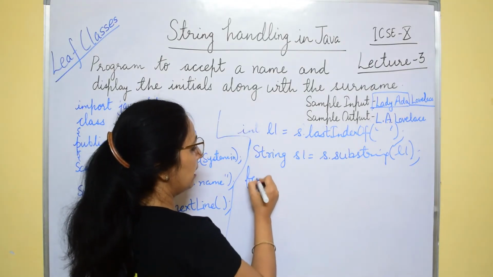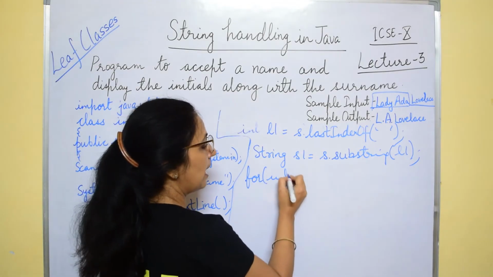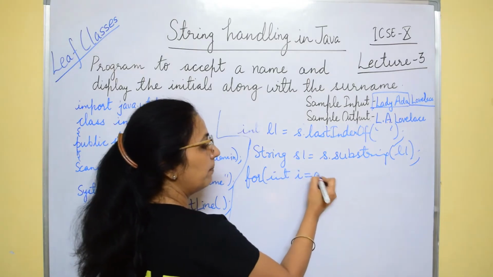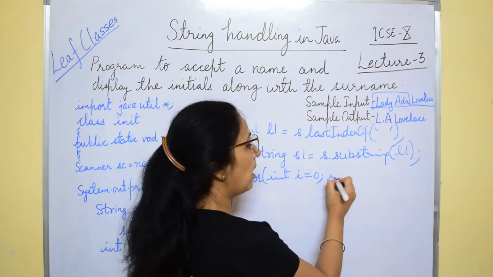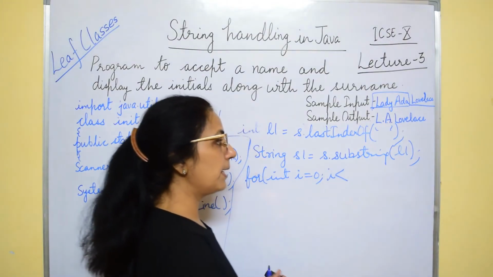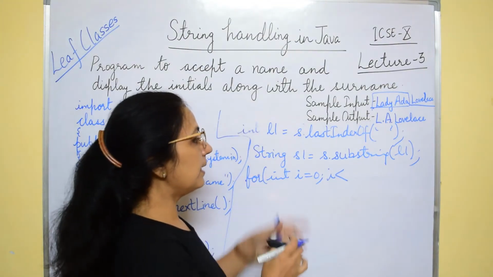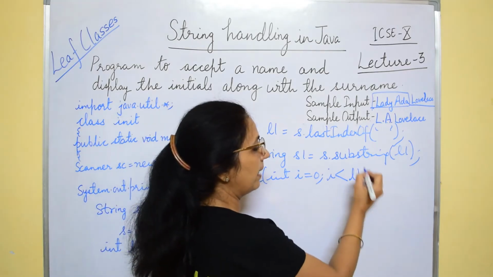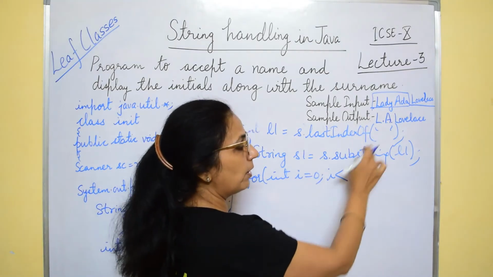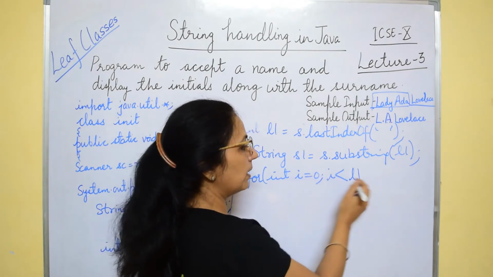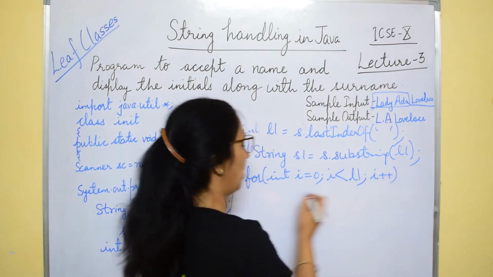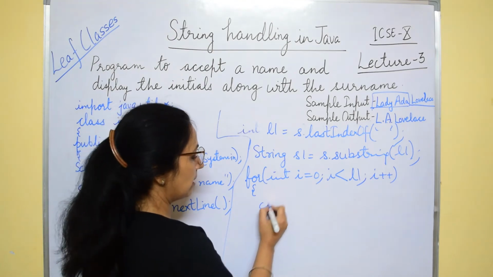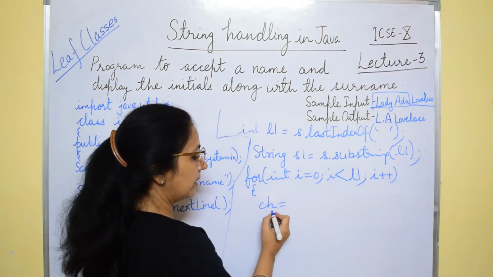So we'll take the loop for int i equals 0, because the first index number of the string is 0, and we have to repeat this process till i is less than L1. From L1 we have already extracted and stored in this string, and then you will go one by one and extract the character.